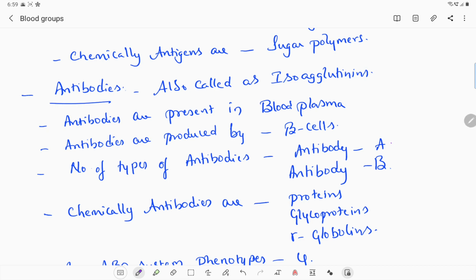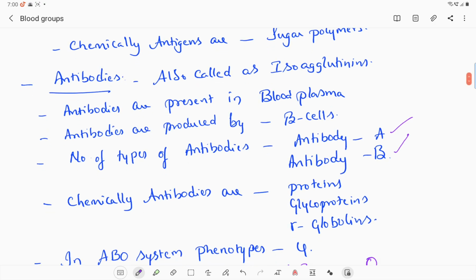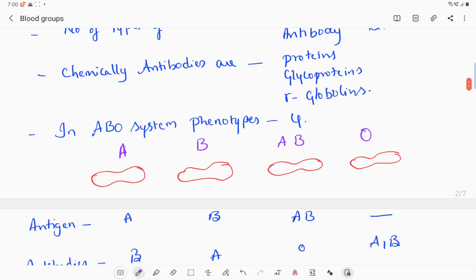They are antibody A and antibody B. So chemically, antibodies are proteins or glycoproteins or gamma globulins. Okay. Then how many phenotypes are there?